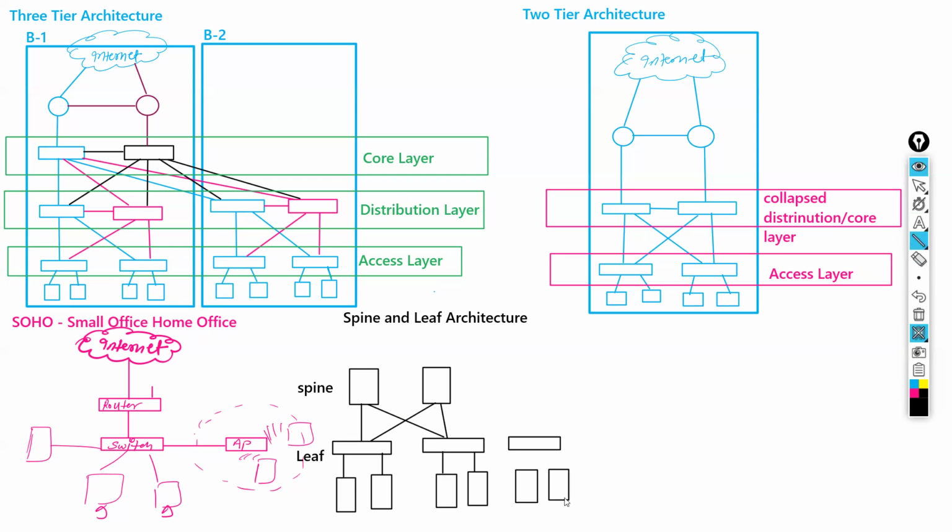I'll connect the data servers here, and I'll provide one connection from here. That's it. I have just connected more data servers. If I feel I need more spine layer switches, all I need to do is connect a spine layer switch and connect it to all these leaf switches. This is it.